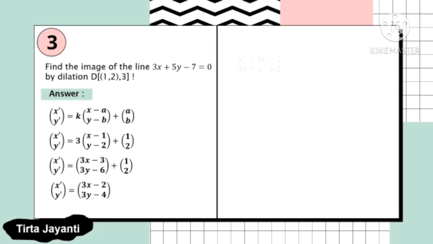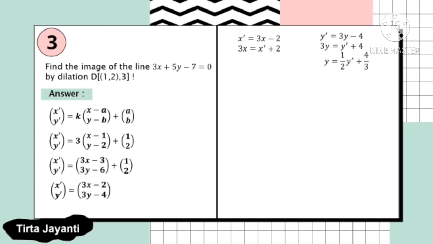From this part, we can create the linear form such as x prime is equal to 3x minus 2, so 3x is equal to x prime plus 2, and y prime is equal to 3y minus 4, so 3y is equal to y prime plus 4.